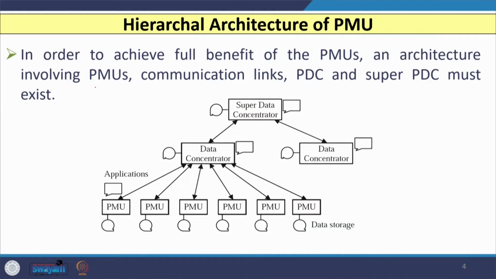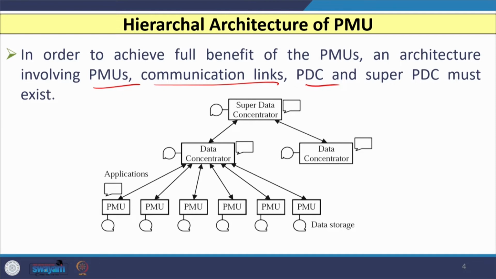Now, if we consider the hierarchical architecture of phasor measurement units, then in order to achieve the full benefit of phasor measurement units, an architecture involving phasor measurement units, communication links, phasor data concentrators and super phasor data concentrators will exist in the hierarchy.